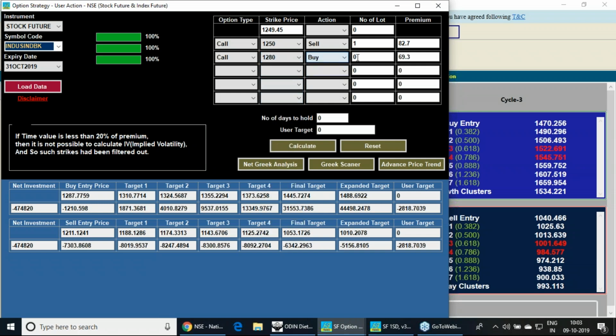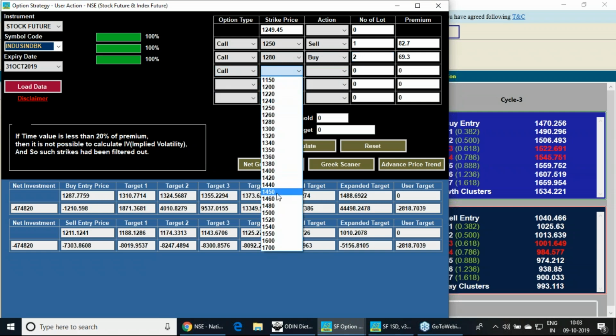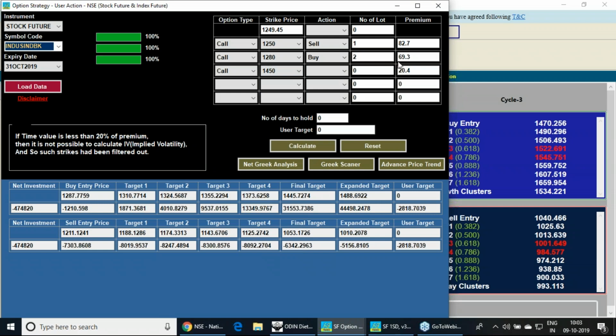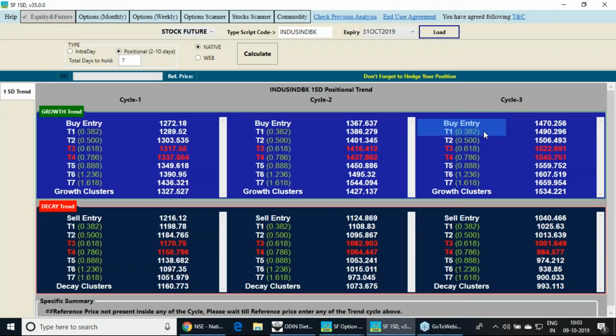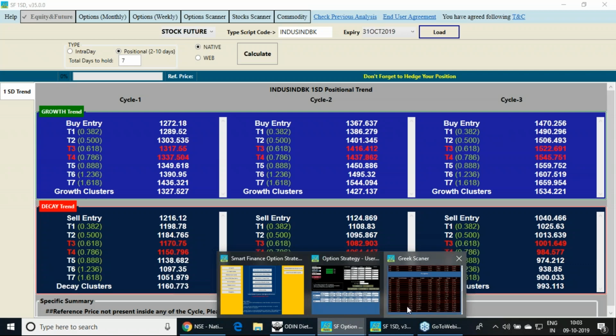You can buy two lots, and you can sell call options of, you can say, 40. So here 120, 80, 40. So you can reduce 20 rupees from here. So you can sell one lot, with 7 days. Similarly, you have to form one combination on the put side also. That also you can do.